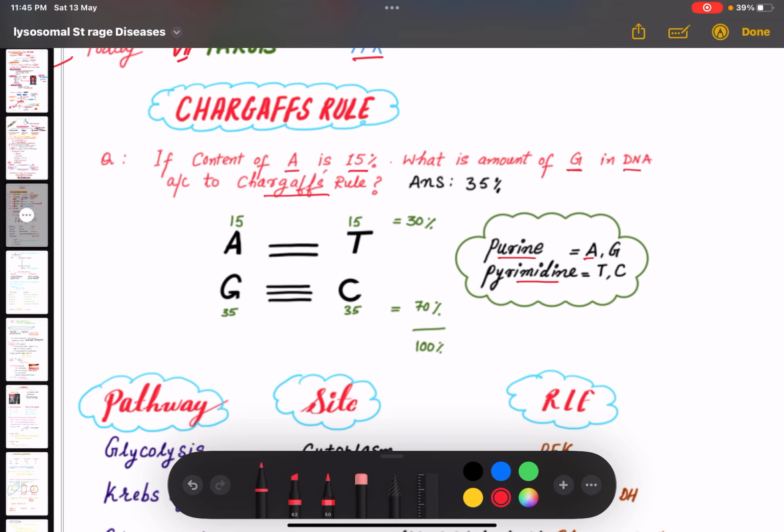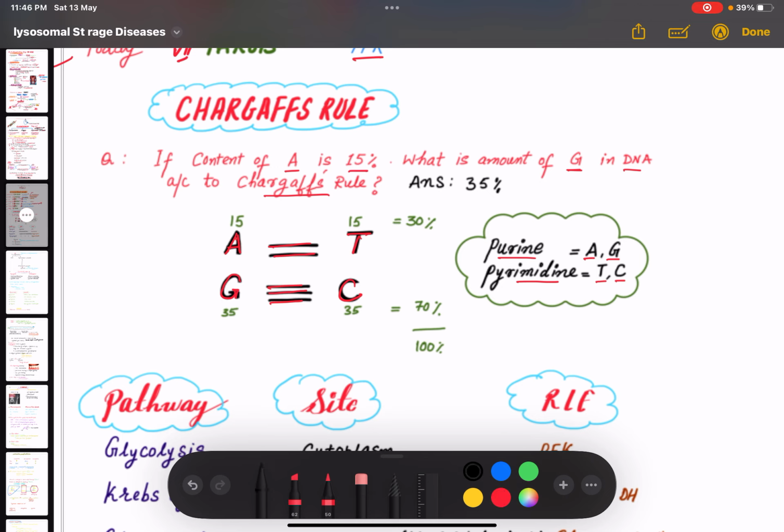Purines include adenine and guanine, and the pyrimidines include thymine and cytosine. We know that adenine makes a double bond with thymine, and guanine makes a triple bond with cytosine.